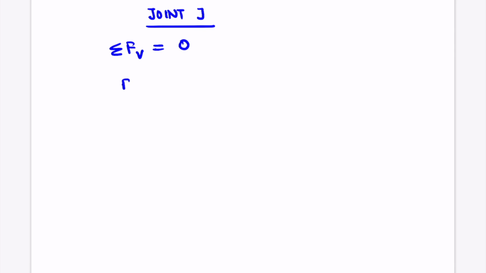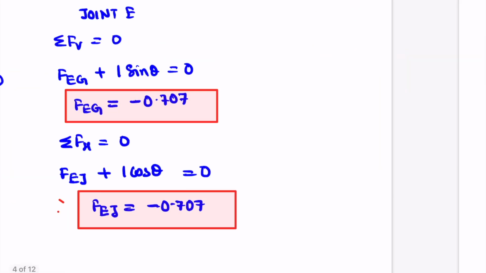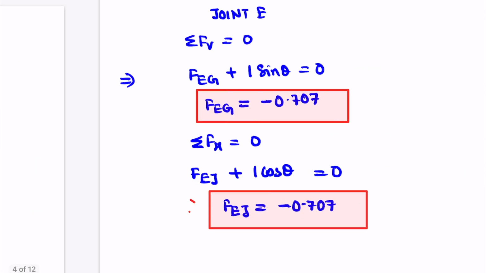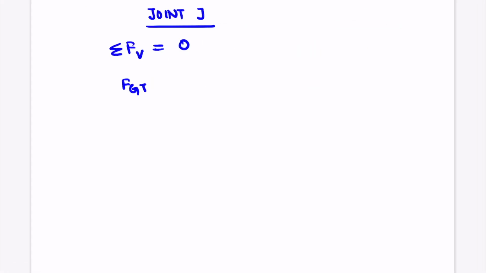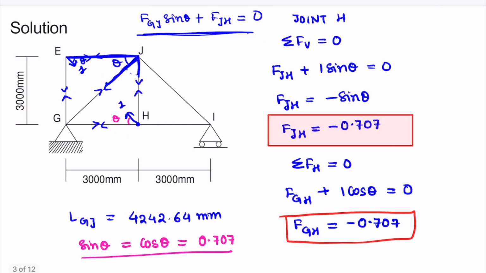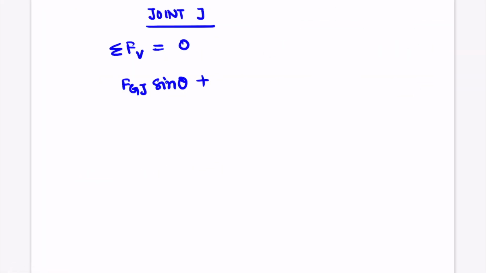Therefore we'll put FGJ sine theta plus, what is the vertical member, FJH equal to 0.